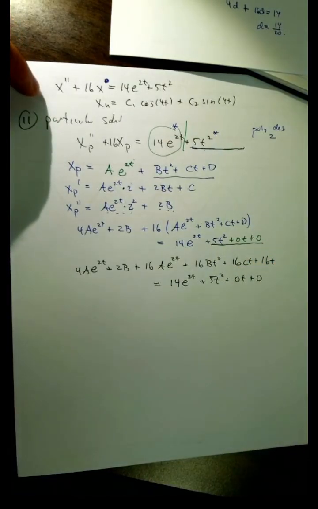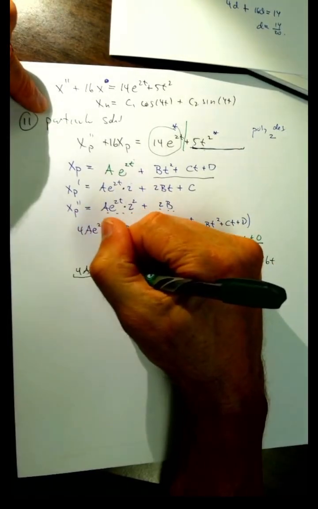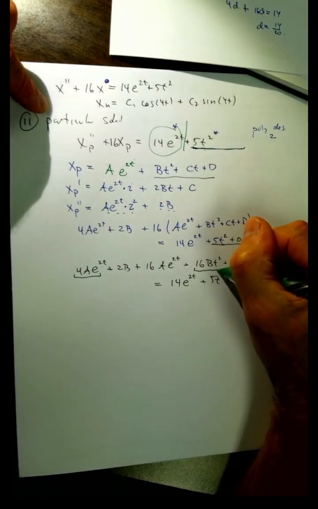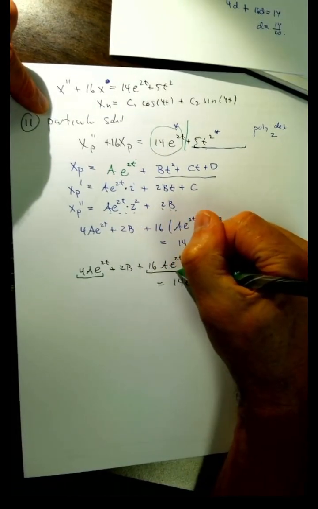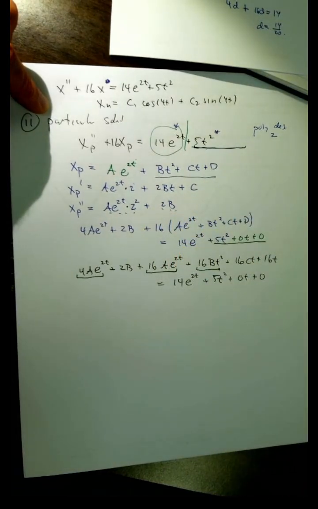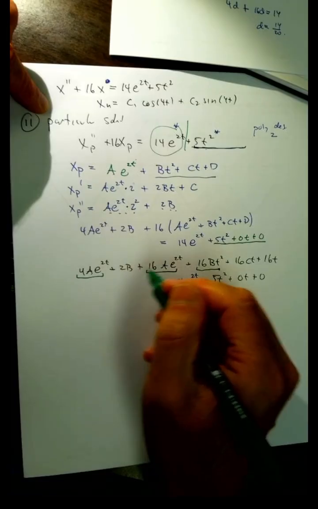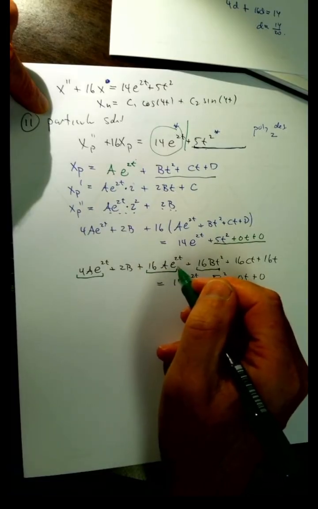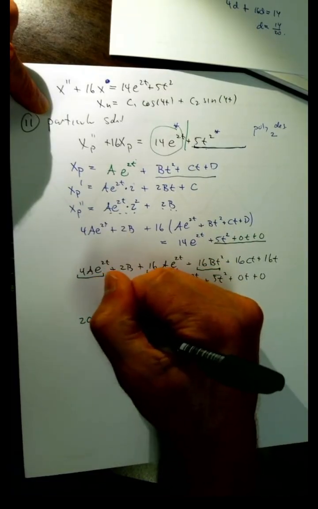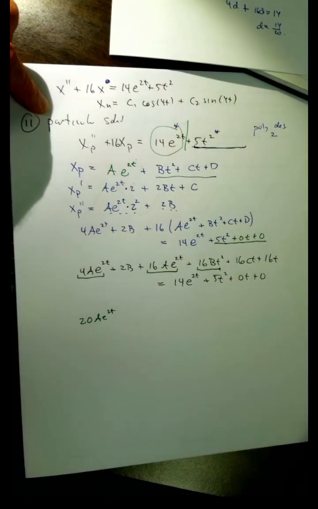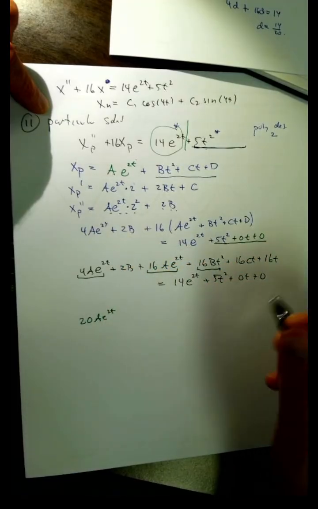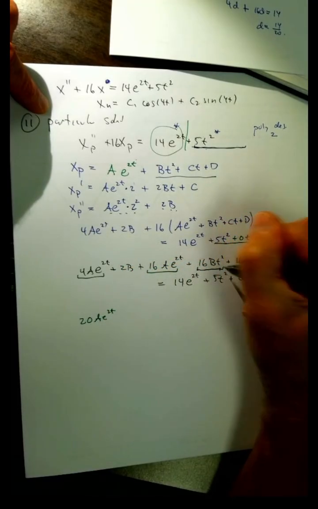All right, so I've got that. Oops, I'm going to be careful, plus that. Those are my exponential terms. So 4a e to the 2t plus 16a e to the 2t adds up to 20a e to the 2t. This is my only t squared term.